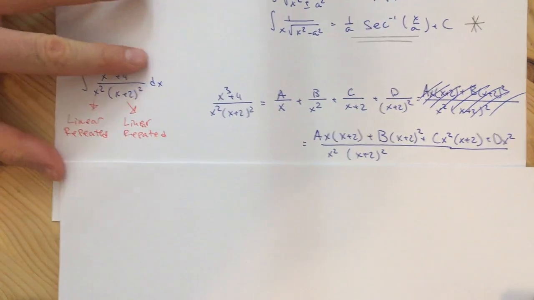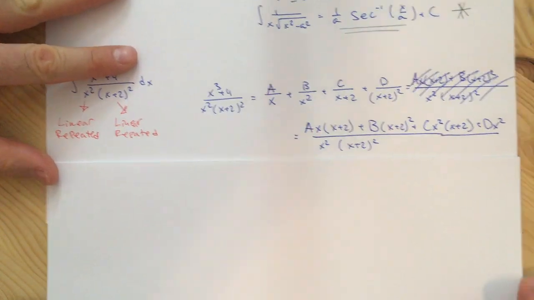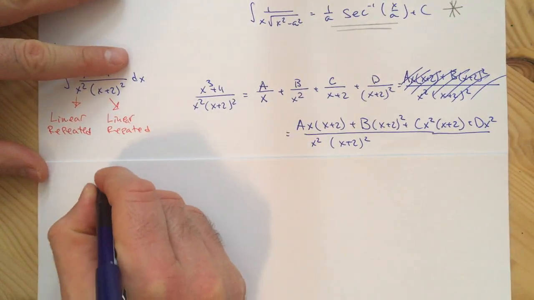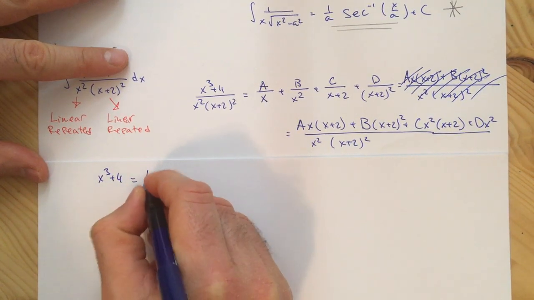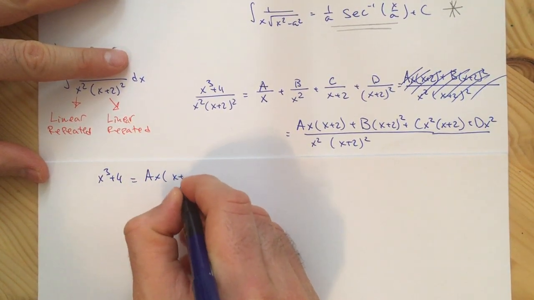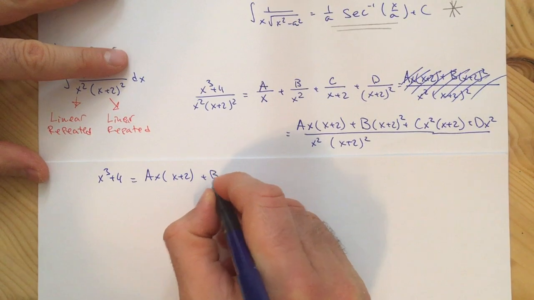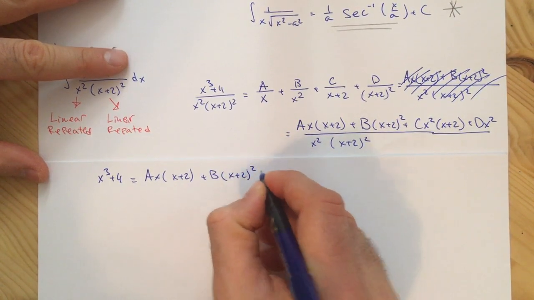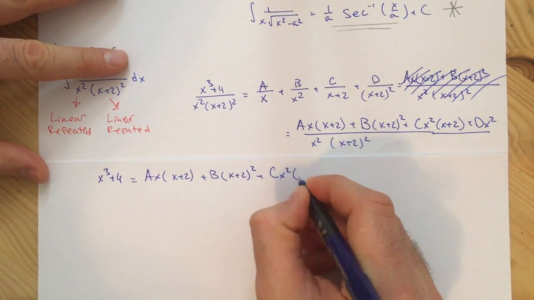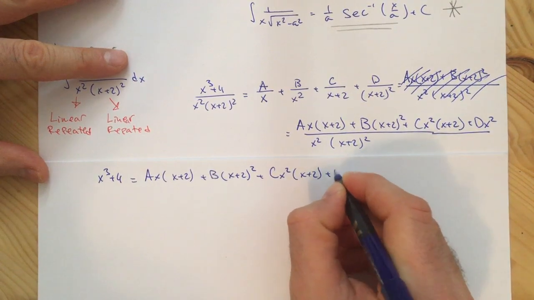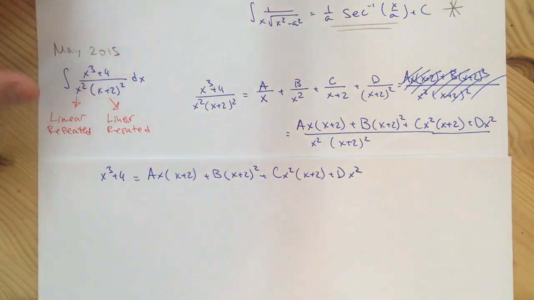So we can here just rewrite the numerators. x cubed plus 4 is equal to ax, x plus 2, plus b, x plus 2 squared, plus c x squared, x plus 2, plus d x squared. Okay?